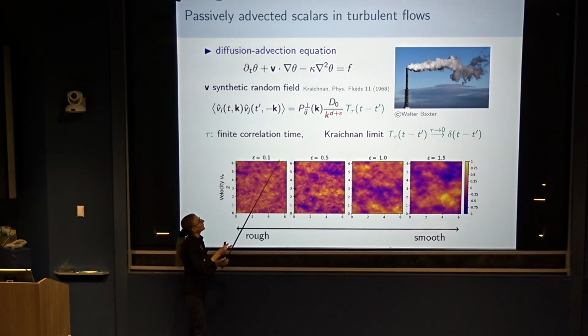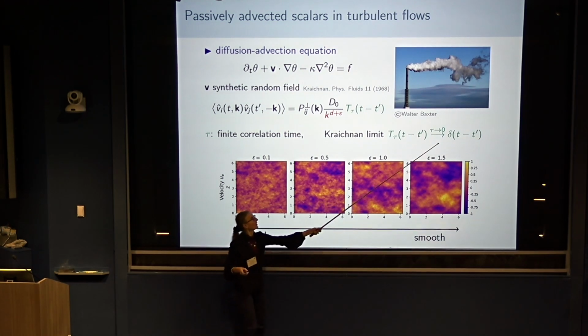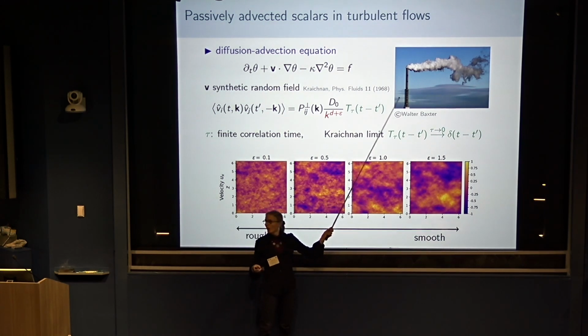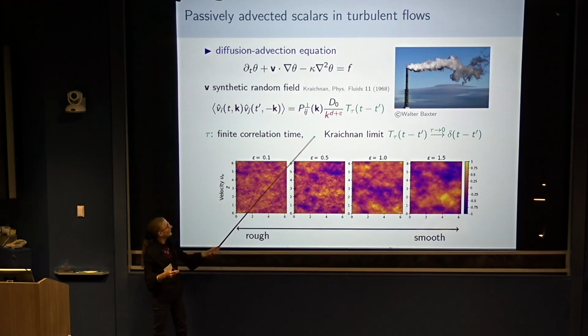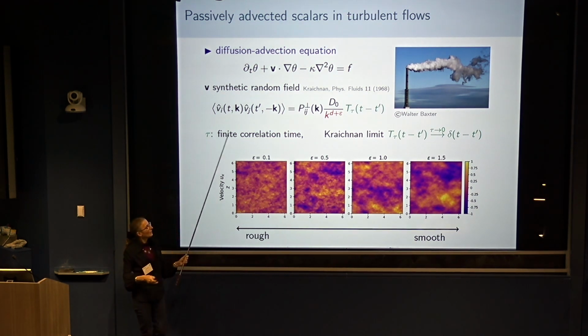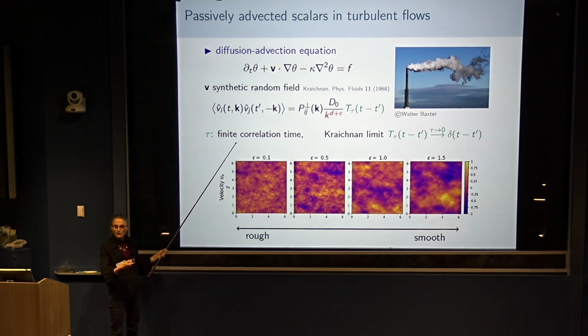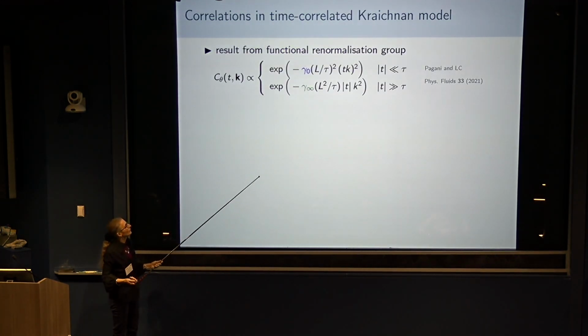In the original Kraichnan model, it's just delta correlated in time. Here we slightly generalized it by considering some finite time correlation, with a typical time scale tau. So the Kraichnan limit is tau to 0. What is interesting is that we first did the calculation with functional RG, and in fact you find a very similar behavior in time.